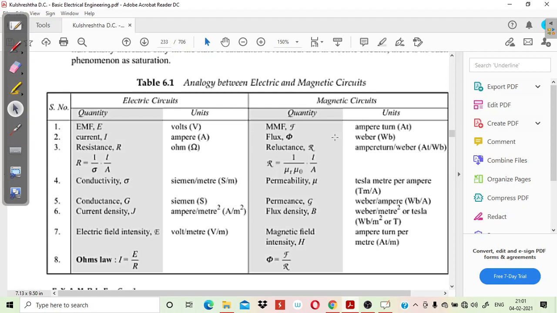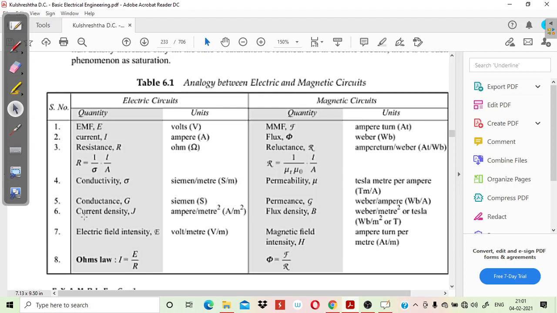Then current, when coming to the magnetic circuits, we have flux. Then resistance, in magnetic circuits reluctance, and its formula is also here. R is equal to rho L by A, or 1 by sigma into L by A. Here it is 1 by mu 0 mu R L by A. Now conductivity, here permeability. Then conductance, here permeance.